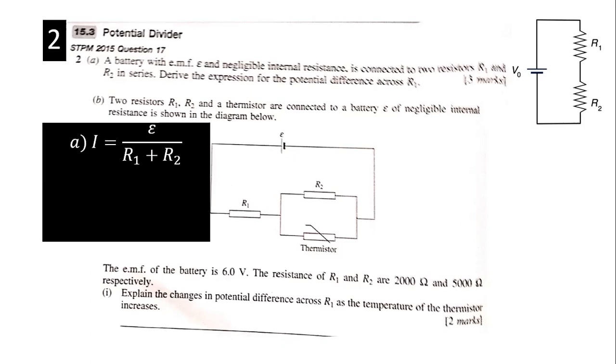You can just imagine: those are the 2 resistors R1, R2, and that's your epsilon. There's a current through here. It's just epsilon divided by R1 plus R2. They just want you to derive the equation for potential difference, that's all.